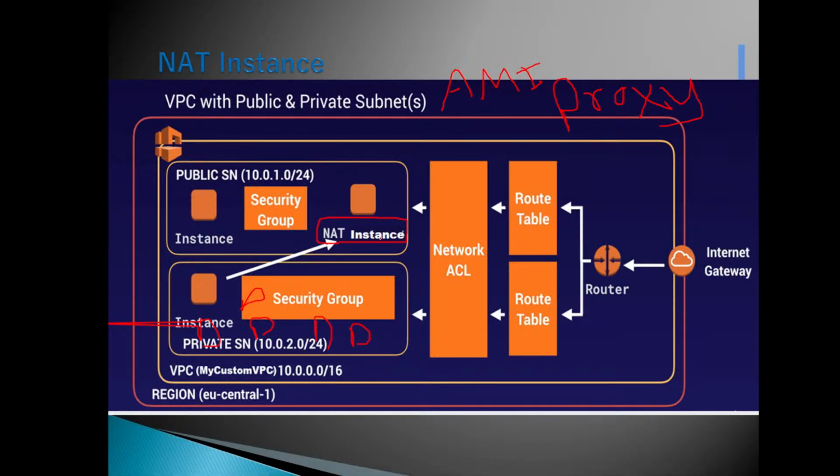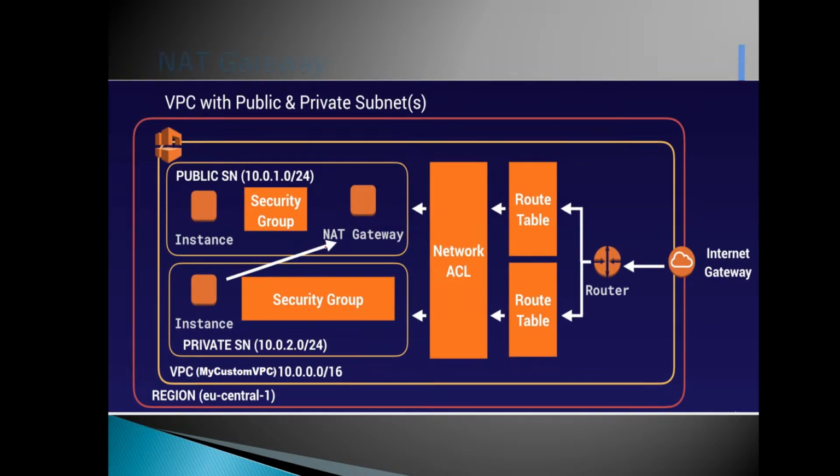Same thing goes with NAT instance. These are EC2 machines which you have to maintain, and if the NAT instance goes down, the internet to this machine will be hampered. So Amazon created another service called NAT Gateway. It is similar to a NAT instance, but this is a gateway.